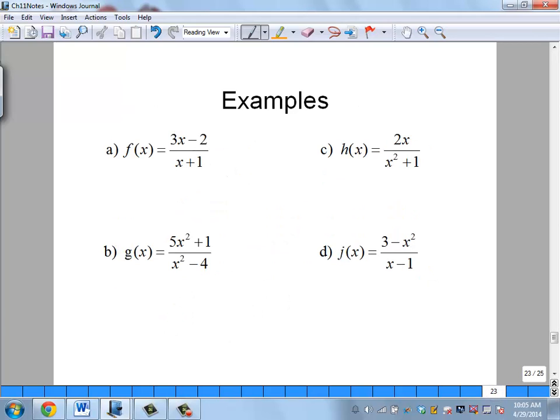On this next slide, I've got 4 functions here, and we're going to do them all, so we're going to set them all up first. So I have vertical asymptote, horizontal asymptote, x-intercept, y-intercept. And let's set them up for all of them, okay?